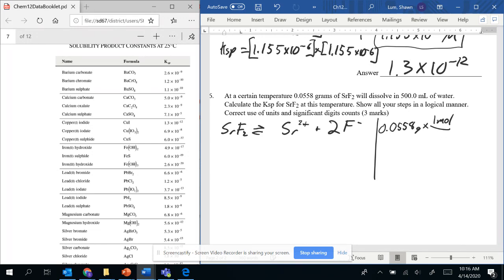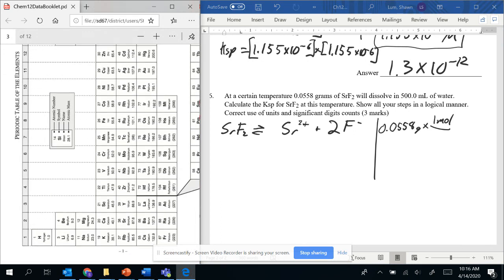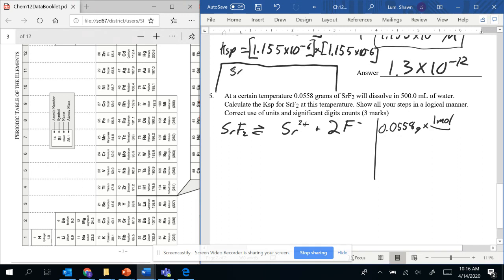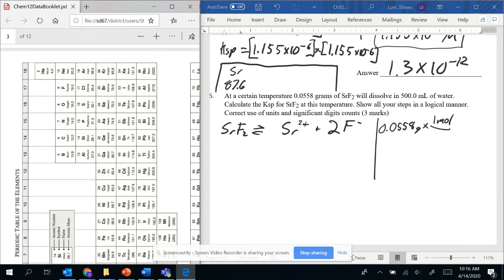So 1 mole is equal to... I'm going to go way back up to my periodic table and look up where strontium is. Strontium is 87.6. Fluoride is 19, I believe. Yep.